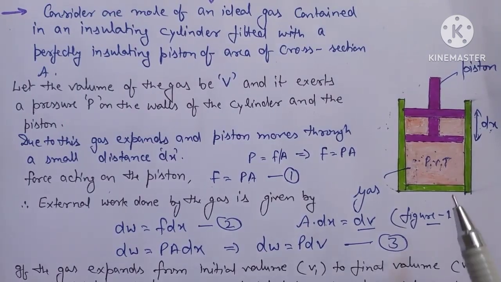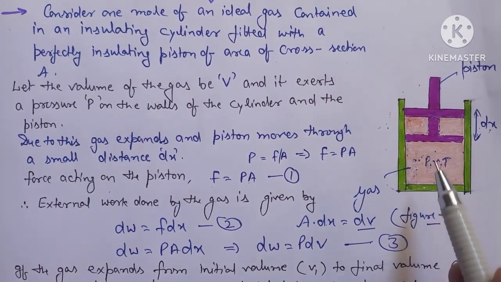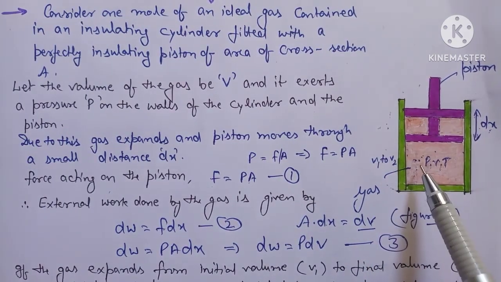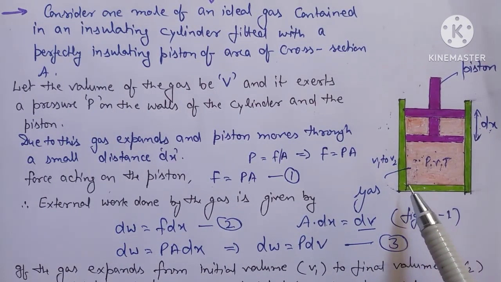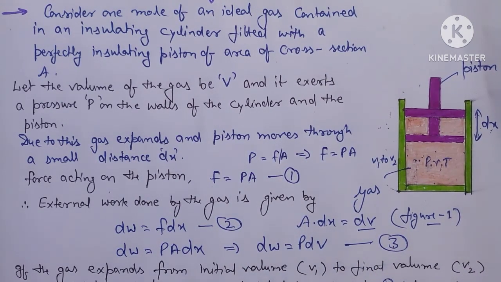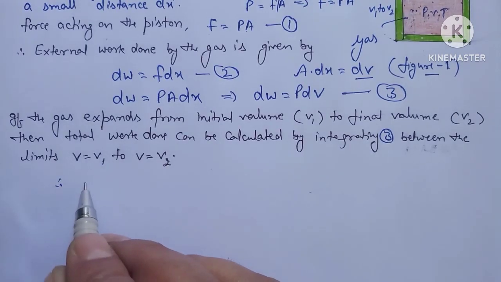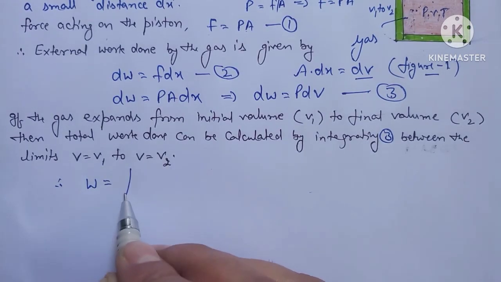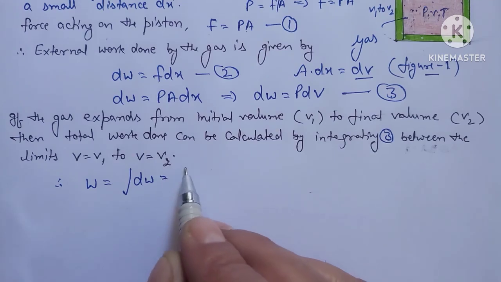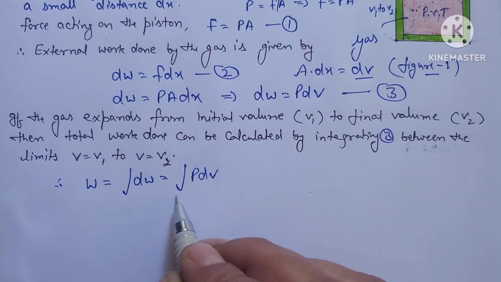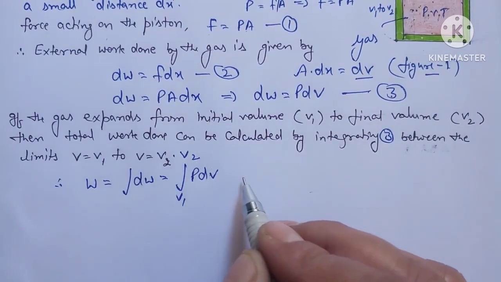Now if the gas expands from initial volume V1 to final volume V2, then total work done can be calculated by integrating equation 3 between the limits V equal to V1 to V equal to V2. So work done is equal to the integration of dW, which is the integral of P dV, with limits V1 to V2.